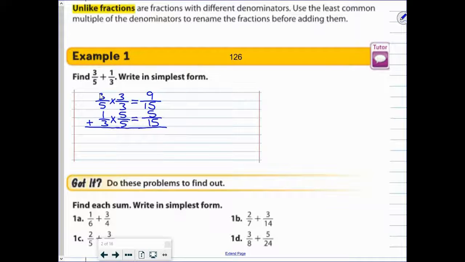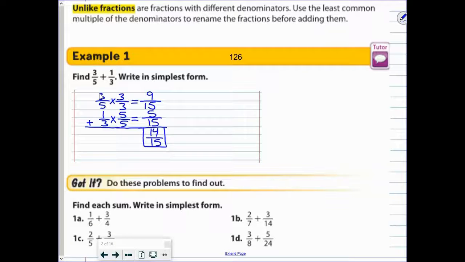So I end up with 9/15 plus 5/15, two like fractions. I add the numerators, 9 plus 5 equals 14, and I keep the denominator, 15. So the answer to 3/5 plus 1/3 is 14/15.